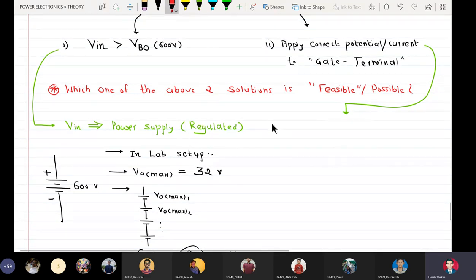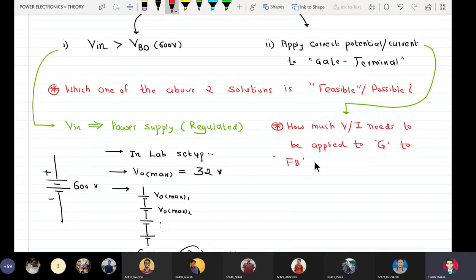So first let us ask a question. How much voltage or current needs to be applied to the gate in order to forward bias the reverse bias junction J2?